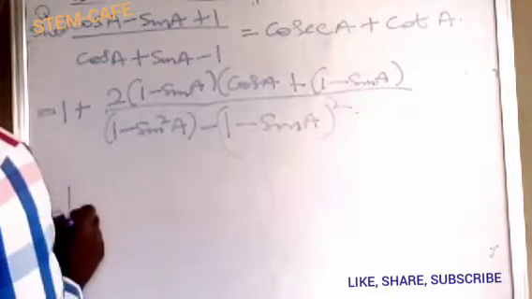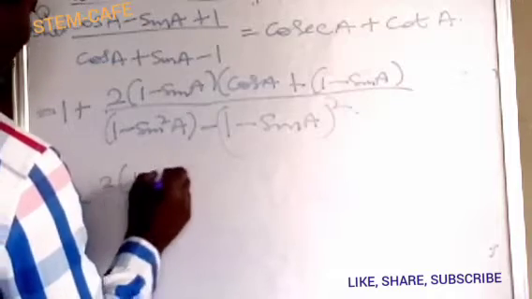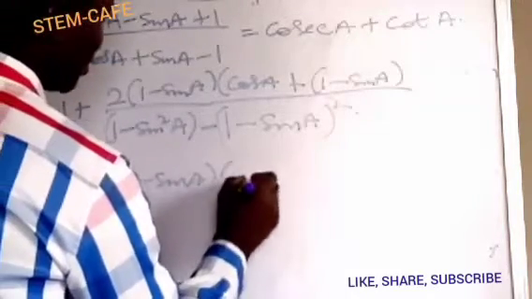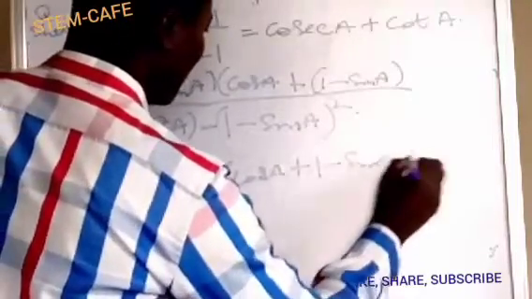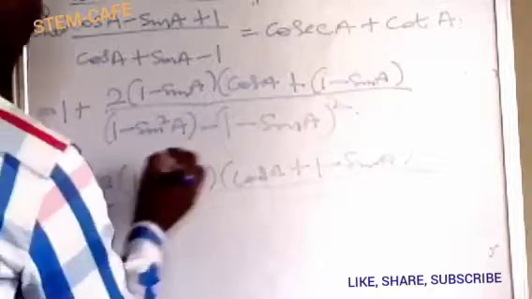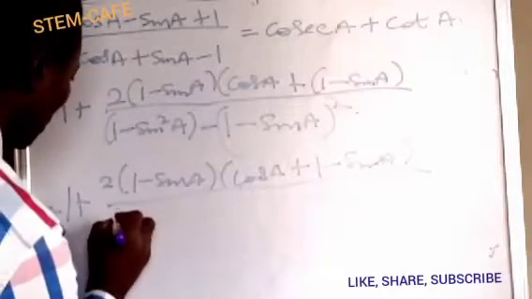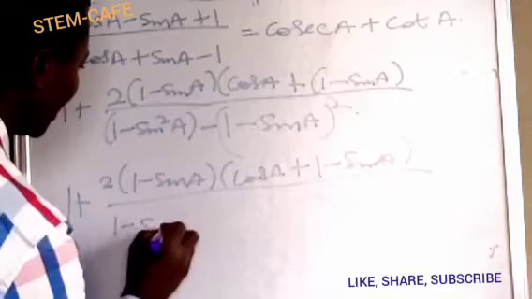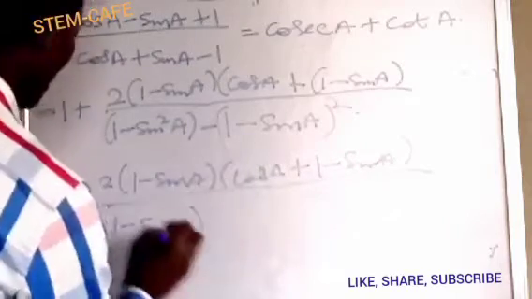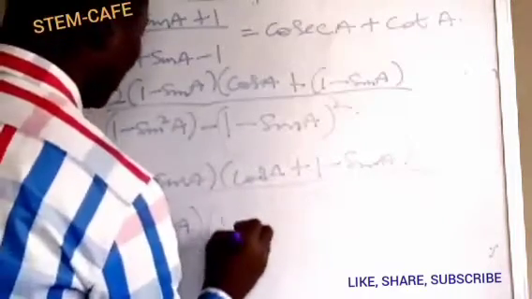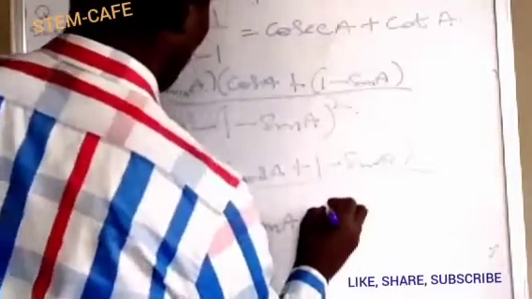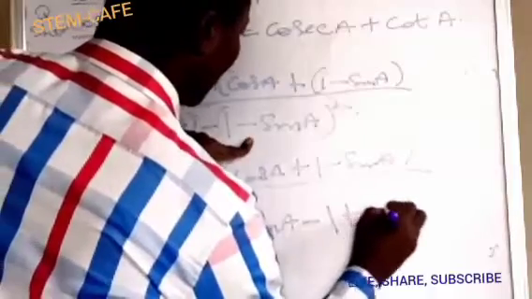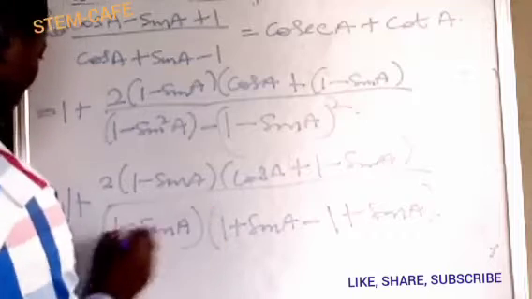Let's continue. It's going to be 1 plus 2 into (1 minus sin A) (cos A plus 1 minus sin A) over, so let's factorize (1 minus sin A)(1 plus sin A minus 1 plus sin A). So this one cancels this.